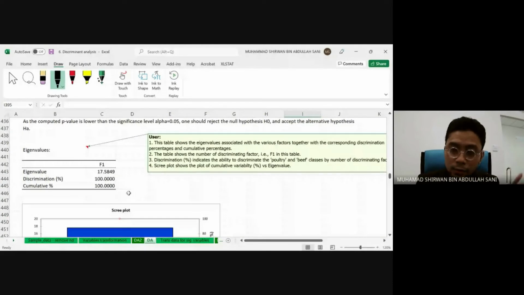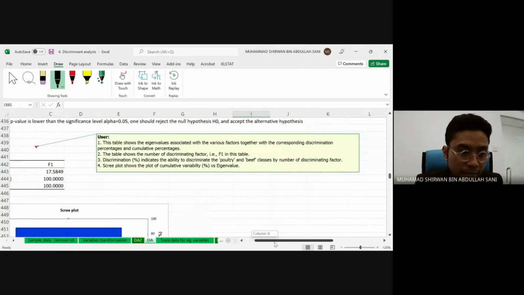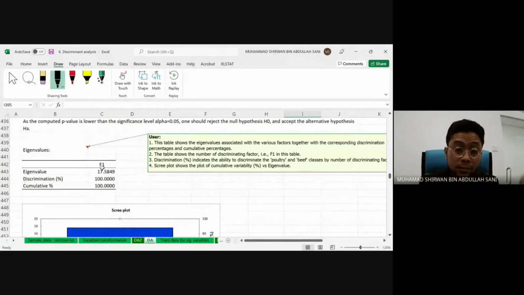Any more? Okay, another one, we go to eigenvalues. This table shows the eigenvalues associated with various factors together with the corresponding discrimination percentage and cumulative percentage. Like yesterday, for cluster analysis, we have eigenvalues according to the number of variables. Unfortunately for this one, this eigenvalue is for the grouping. The table shows the number of discriminating factors is F1, meaning with only one discriminating factor. If we compare to PCA, we call it a principal component, also called F or PC.